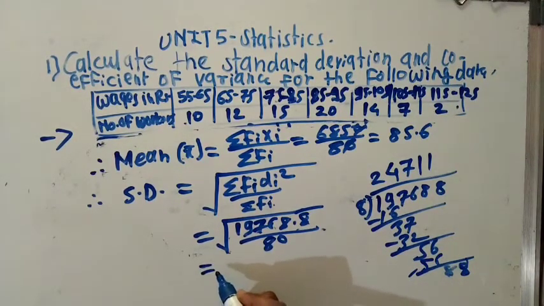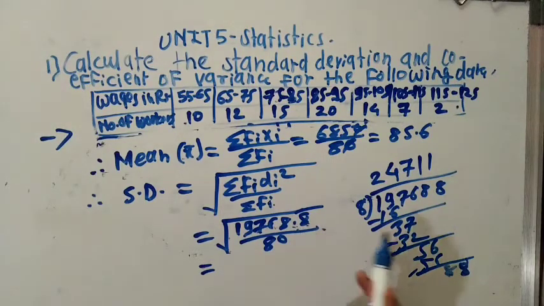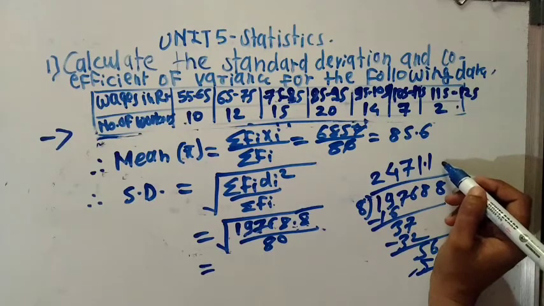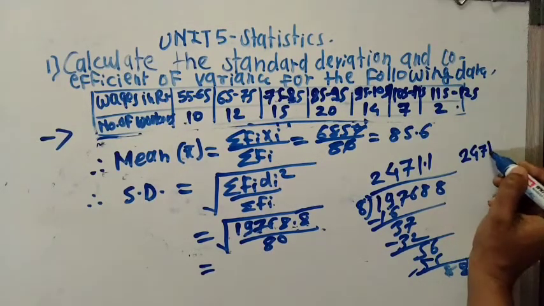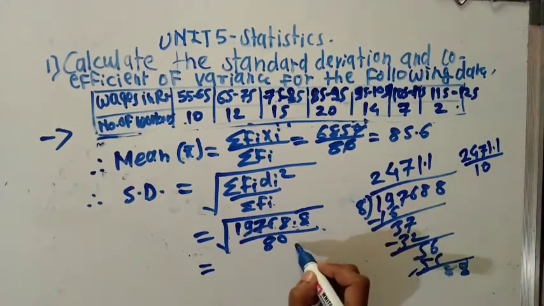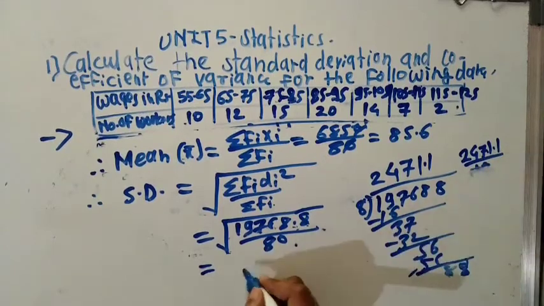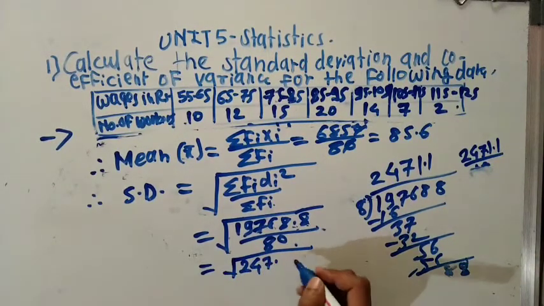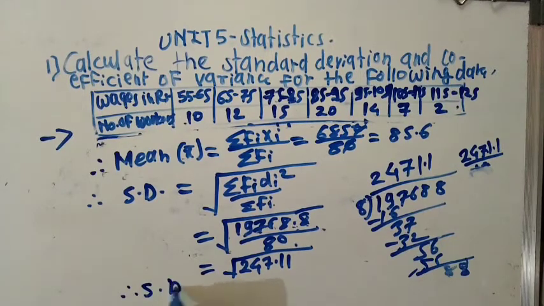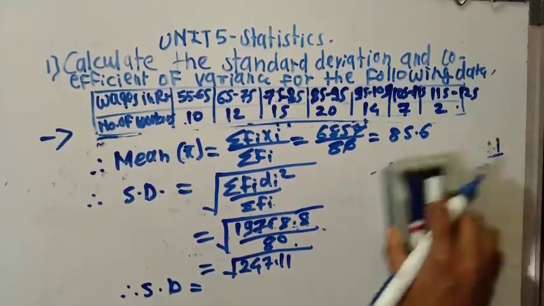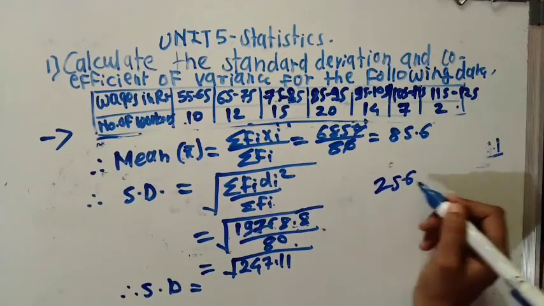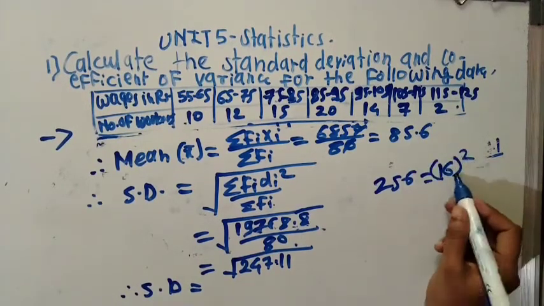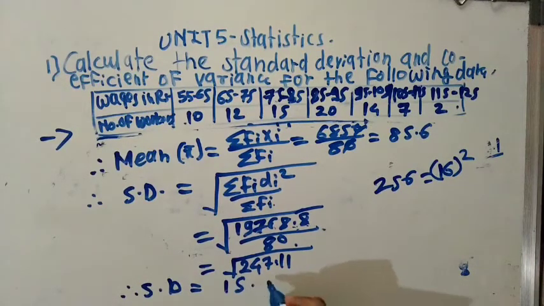So then 1 point here upon 2471.1 upon 10, 8 into 10, so this multiplication is 247.11. But 247 is near to which square? It is near 256, and 256 is the square of 16. But the number before 16 is 15, so 15.72 is the standard deviation.